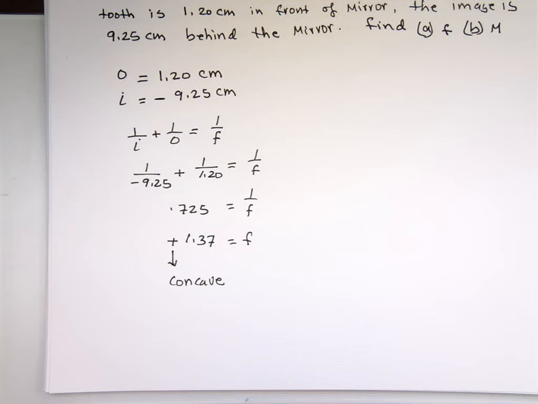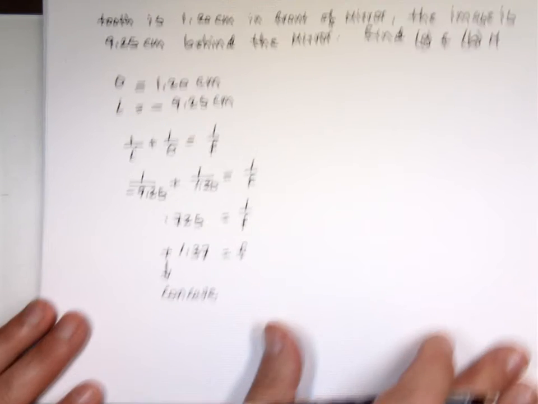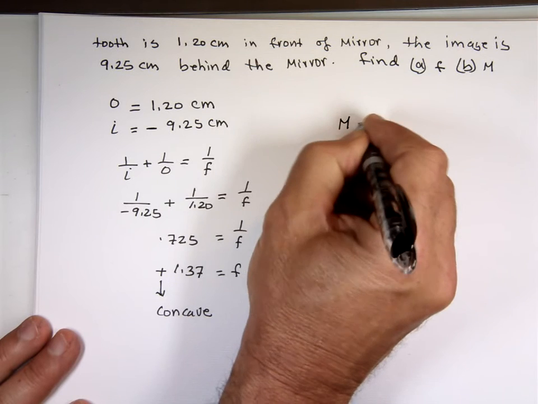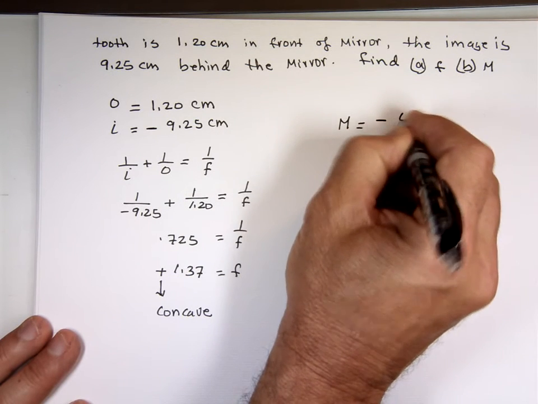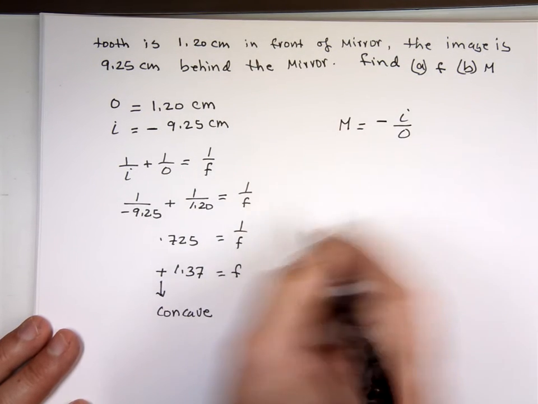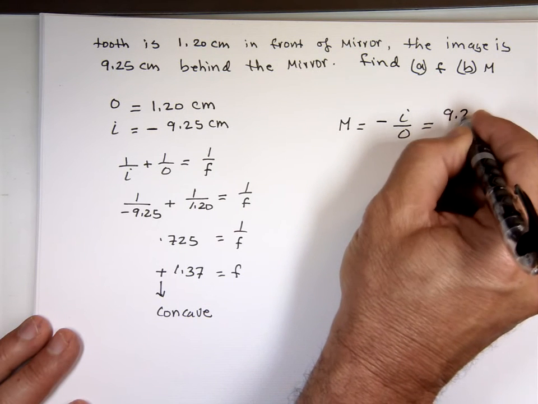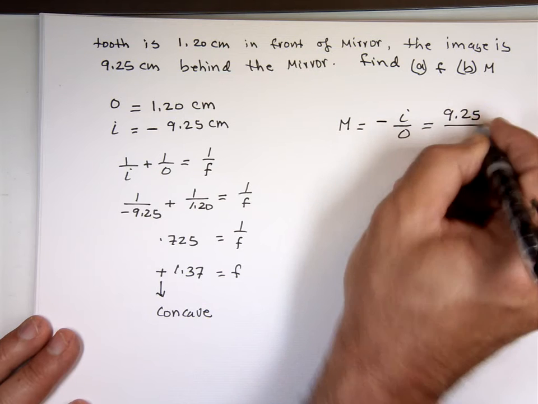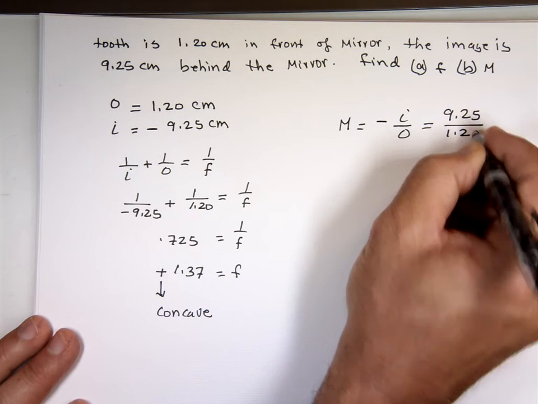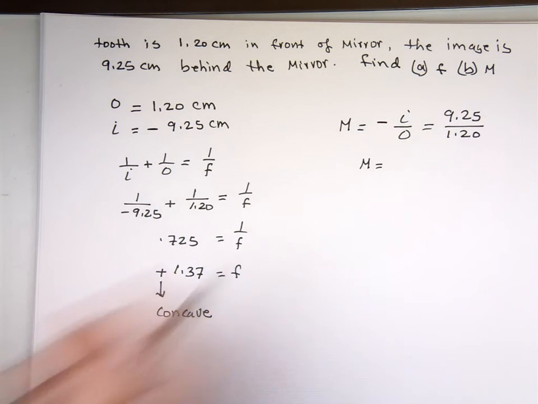What's the magnification? Negative I over O. I is minus, so it becomes a plus 9.25 divided by 1.20. The magnification is almost 7.7 times larger.